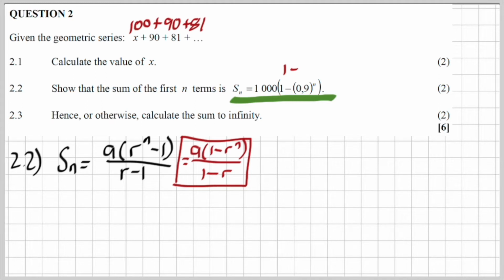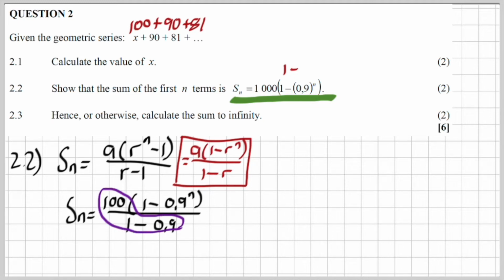That's a bit sneaky, but I love it and you can learn it. But you have to swap both numerator and denominator. So when I look at this next up, I'm just going to substitute the values for A and R in, and I'm going to now simplify by calculating that 100 over 0,1.